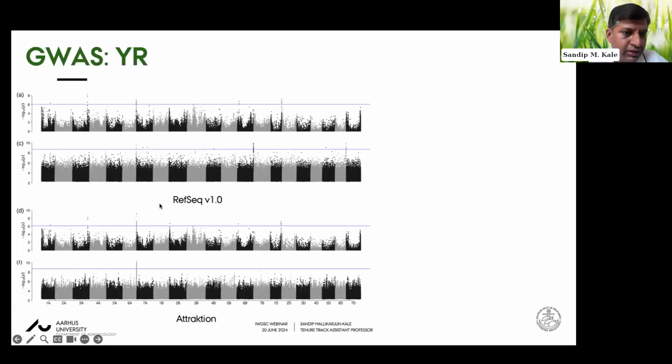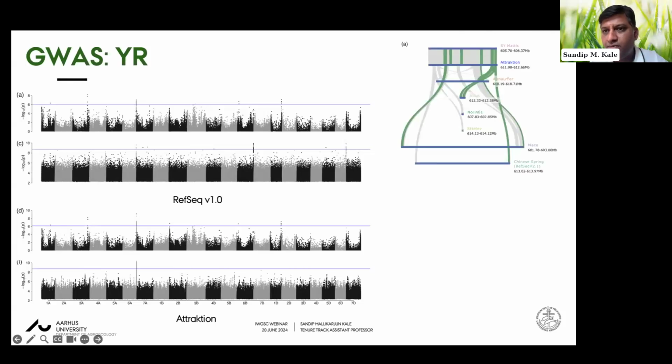When we performed the reference-free approach, we identified the significant k-mers, and then they were mapped to both Chinese Spring and Attraction. And we identified this peak on 6A. But in Chinese Spring, you see mapping on all the homologous chromosomes 6A, 6B, and 6D, which also indicates that this region was absent in Chinese Spring.